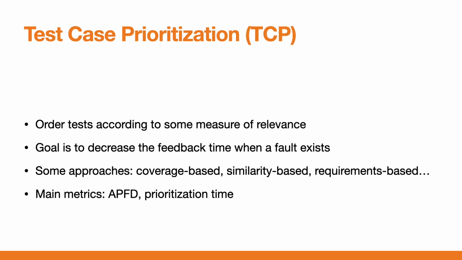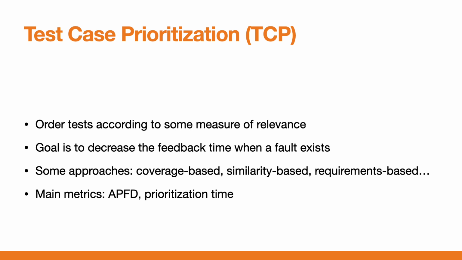The next challenge that we discuss is test case prioritization, which is not to reduce the size of the test suite, but to reorder it in a way that if there is a relevant test that is somehow likely to fail, we want it to be near the top of the test suite and not in the middle or the end.